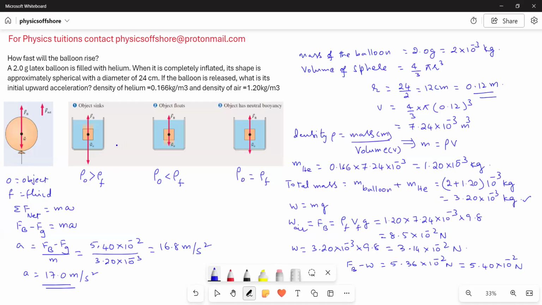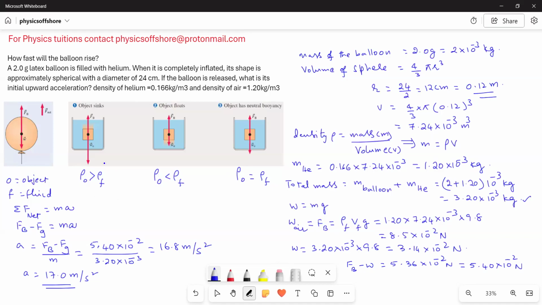When the object density is greater than the fluid density, it will sink. If the object density is less than the fluid density, it will float. If the object density is equal to the fluid density, it is in neutral buoyancy and will remain suspended in the fluid.